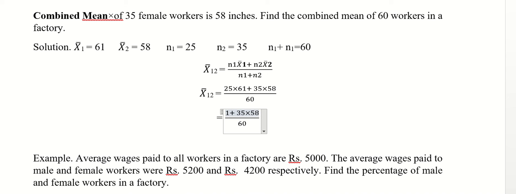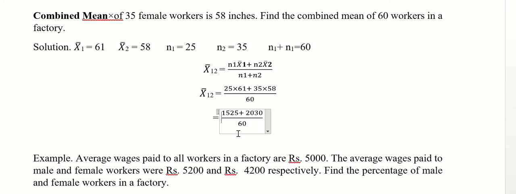This is 1525 and 35 into 58 is 2030. So we will just solve it here. 1525 plus 2030 is 3555 divided by 60.